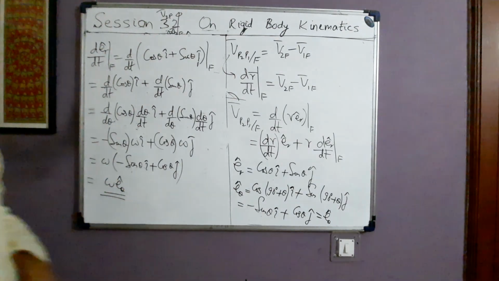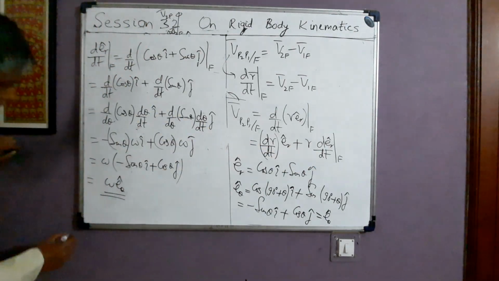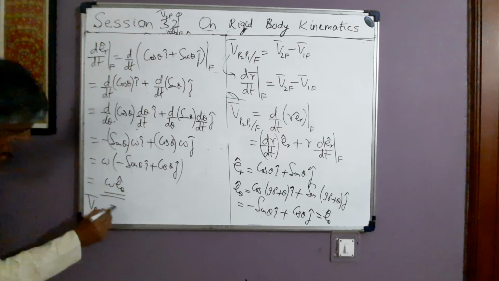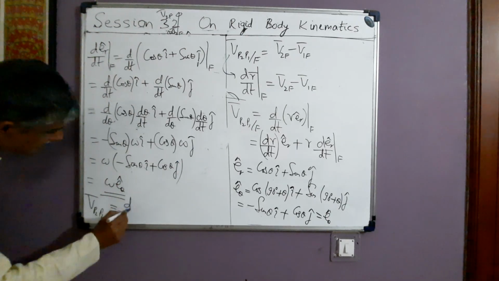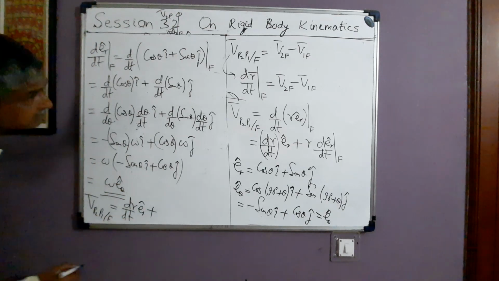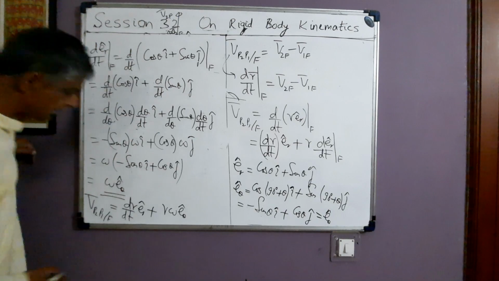Okay. So now what I do, I substitute this term in this formula. So from this we get Vp2 P1F is just equal to dr by dt in ER hat plus R omega into E theta hat.